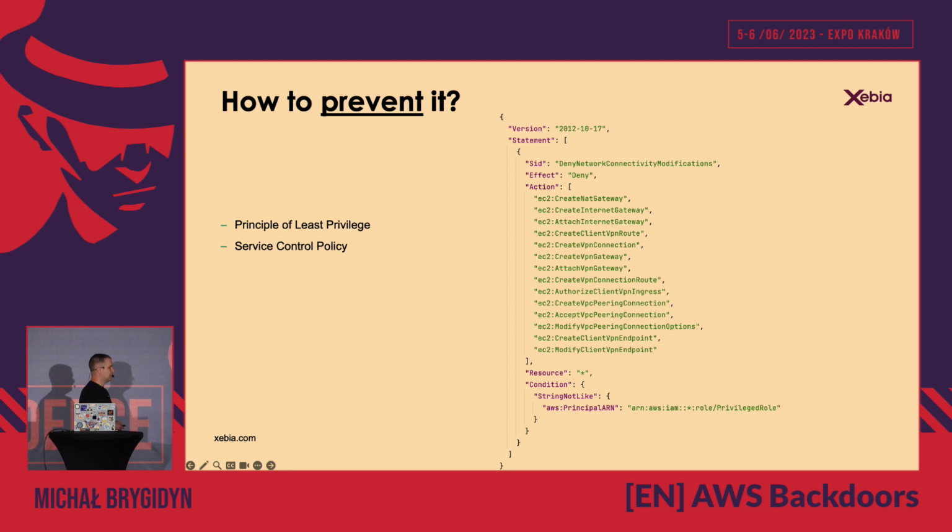So just deny all creations or attachments of gateways, or creation of gateways, any ways in to your network. Let the network team decide who should have that access and prevent anyone else from creating backdoors here.